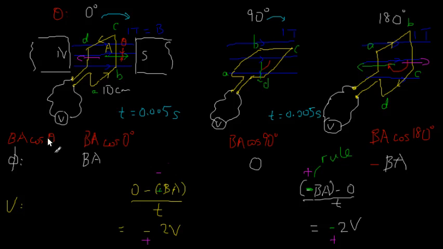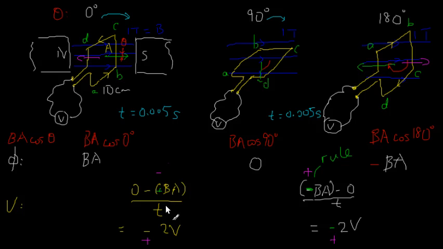Not only does it make things more convenient, it also makes it possible for us to use this formula for the flux to calculate the instantaneous voltage produced by the rotation. Previously, all I could do was say that after it rotates by, say, 90 degrees, if the time taken is 0.005 seconds, I put it into Faraday's law and calculate how fast the flux changes during this time, and then I get the voltage induced.